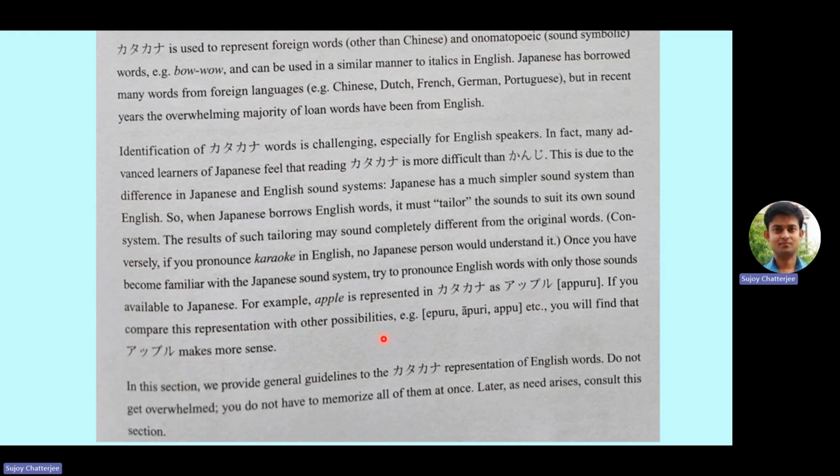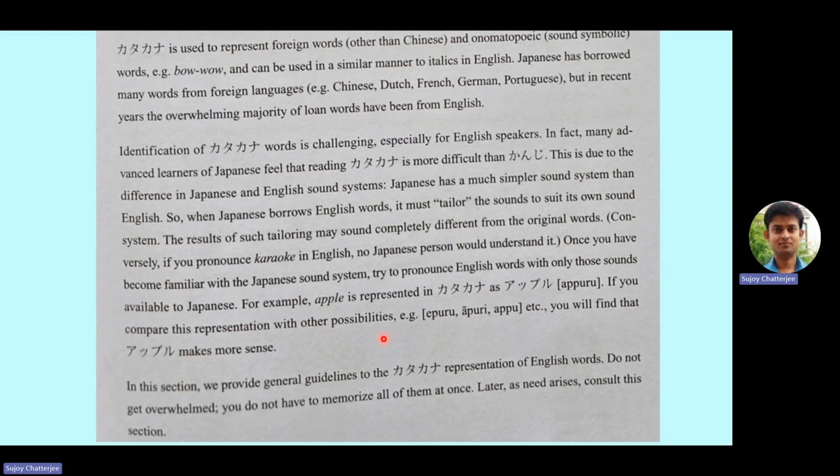Now you might be wondering, or you might be panicking, how will you convert words of foreign origin to Japanese? If apple becomes appuru, then are there any governing rules? Like, how do we do this conversion? And the answer is yes. There are guidelines, there are several rules to convert words from foreign languages into Japanese using the katakana symbols, and there are specific rules which we need to follow.